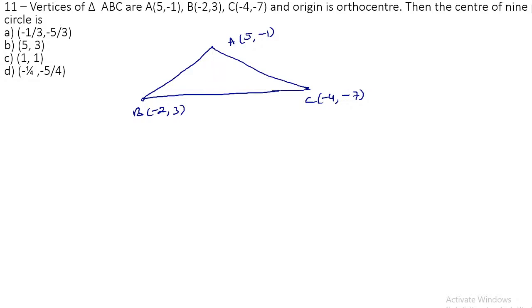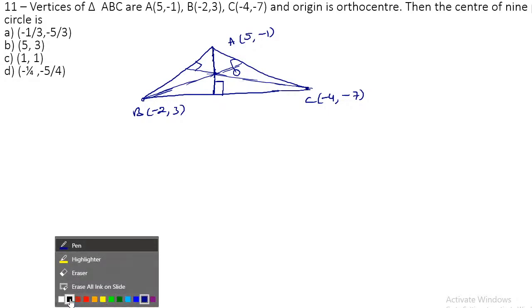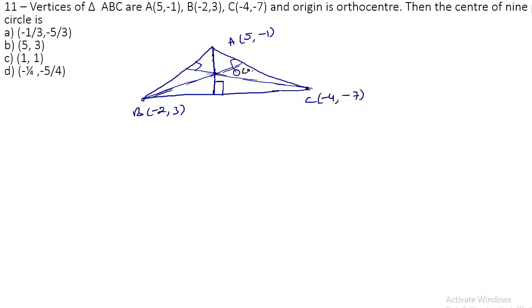What is the orthocenter? Orthocenter is the point of intersection of altitudes of a triangle. So this is an altitude, this is another altitude, this is another altitude. So this point is the orthocenter O. So the orthocenter is given as (0, 0).